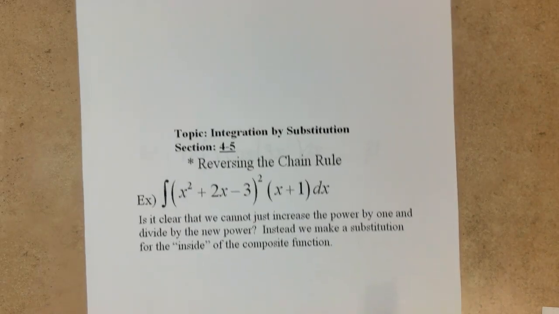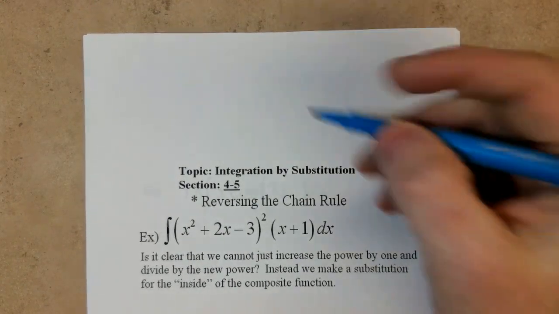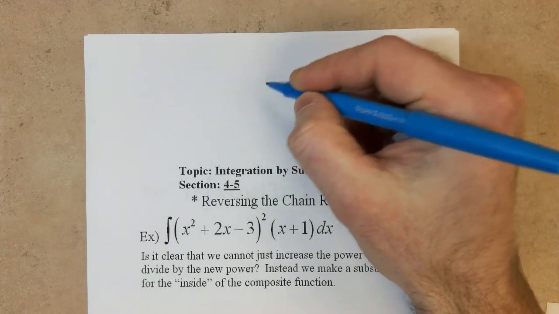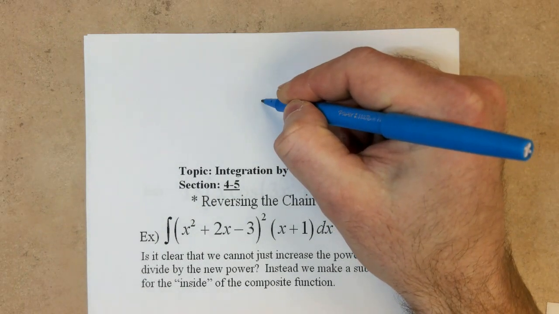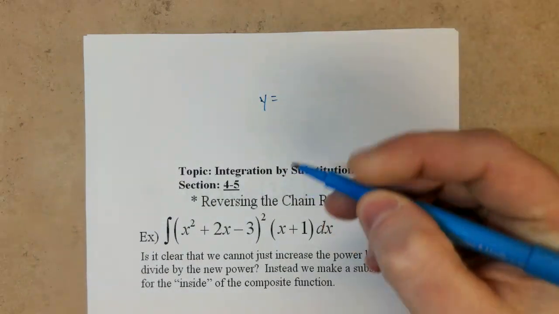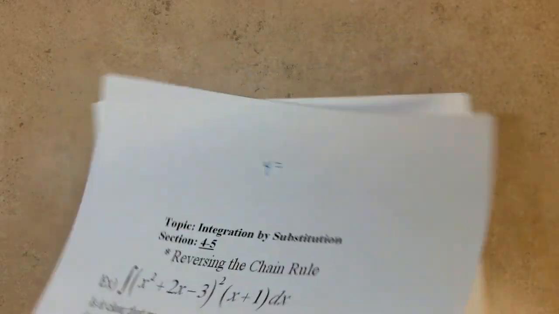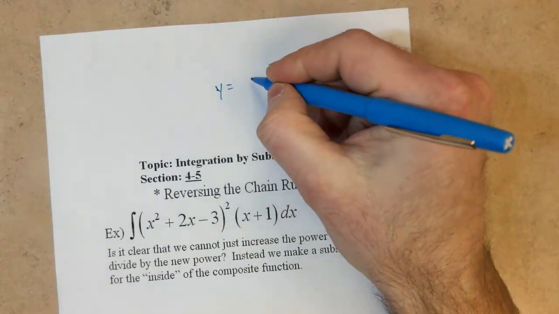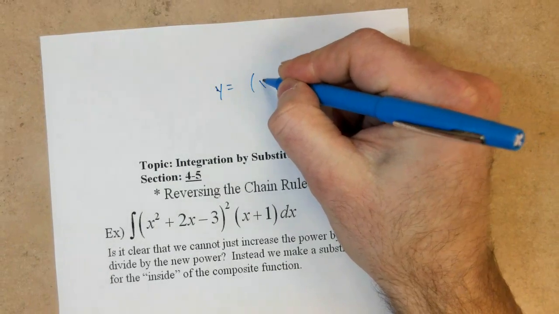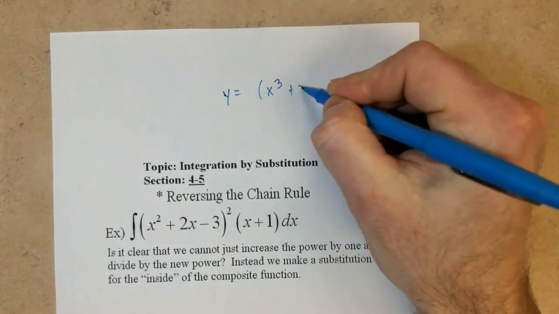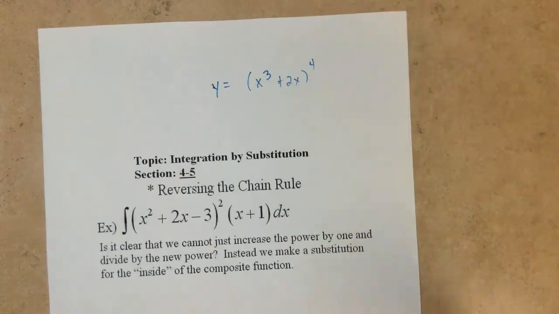So before we start this problem, let's think about what the chain rule was. Let's say we had some function, y equals x cubed plus 2x, all raised to the fourth power.